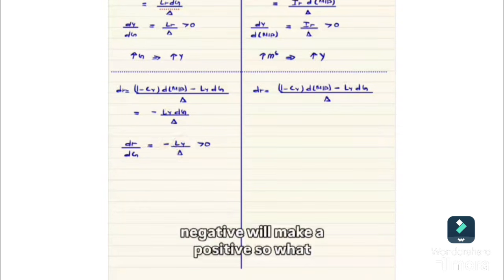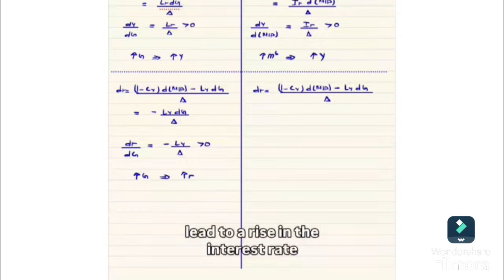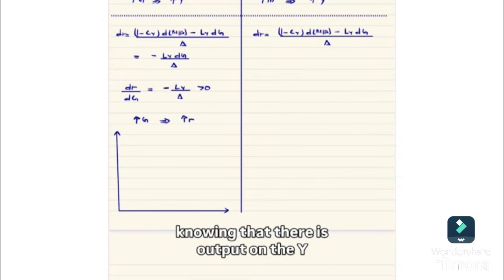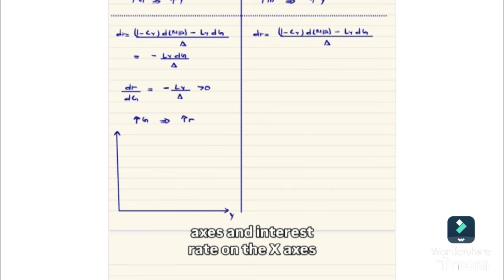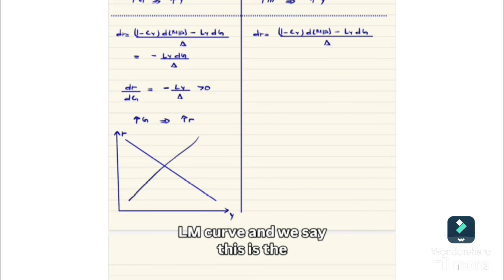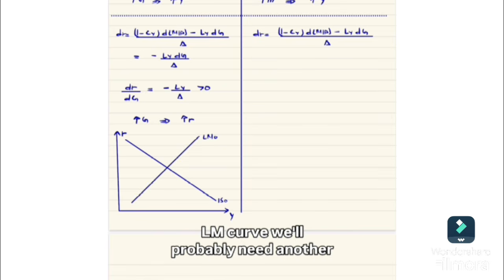So what this means is that if there's a rise in government spending, it should lead to a rise in the interest rate. If we make a diagram for this, knowing that there is output on the y-axis and interest rate on the x-axis, and we make an IS curve and an LM curve, and we say this is the initial IS curve, this is the initial LM curve, we'll probably need another diagram on the right side as well, so I'm just going to take this here as well.